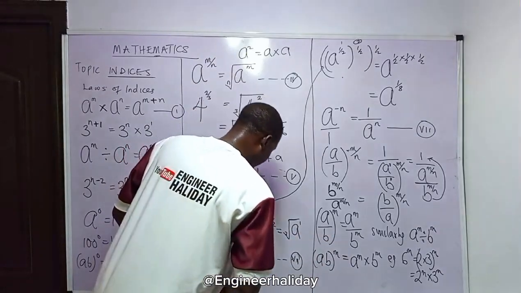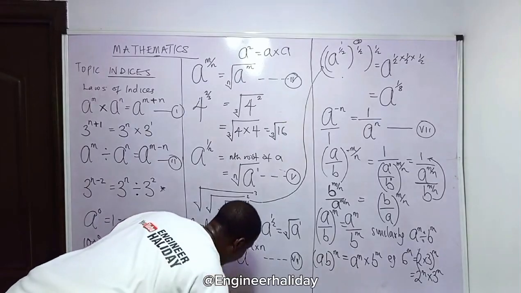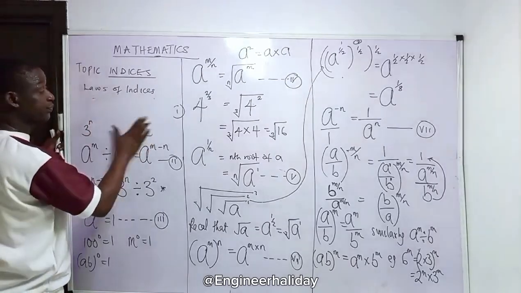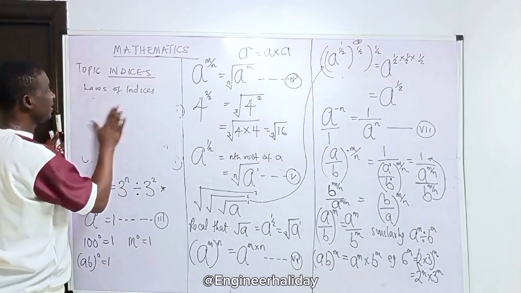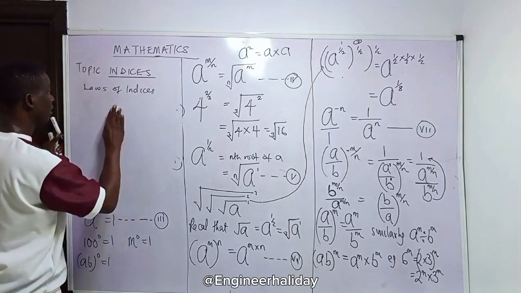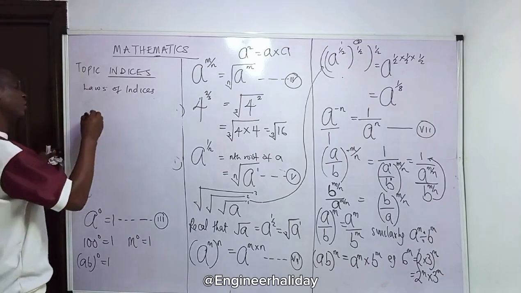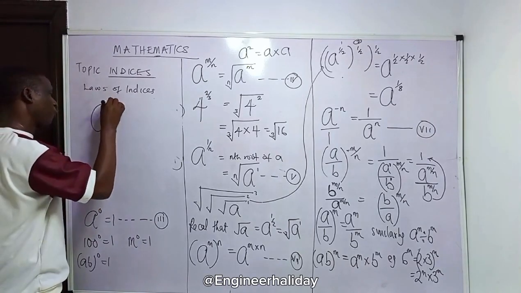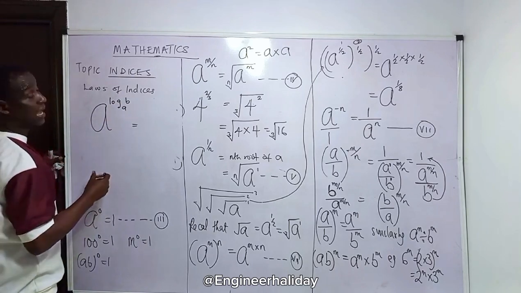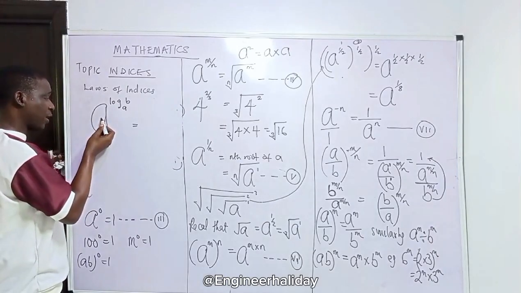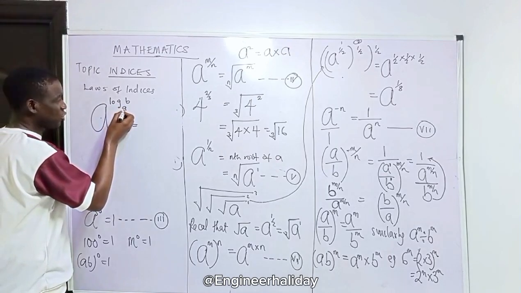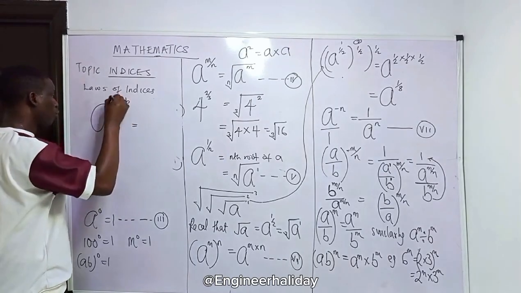Now, let me give you the last rule. The last rule is not too common, and it relates to something I want to show you. And that rule is what? A raised to the power of log to base a of b. Now, anytime the base of the power of an index is the same as the base of a logarithm, they will all cancel out.